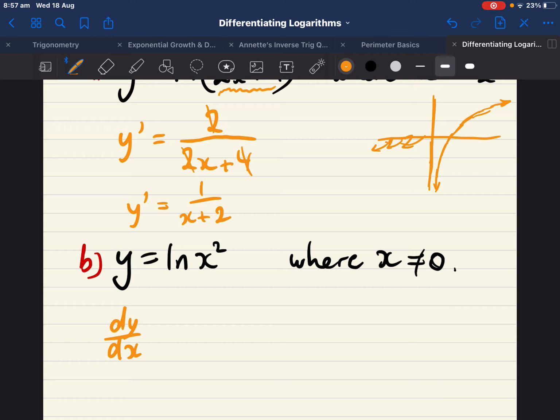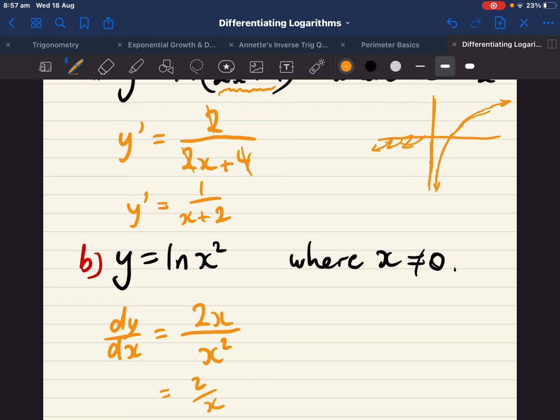So y will become dy dx or y dash. When differentiating a log, the log disappears and it turns into a fraction. The derivative goes on top and the original function unchanged stays on the bottom. And if you can, you simplify.